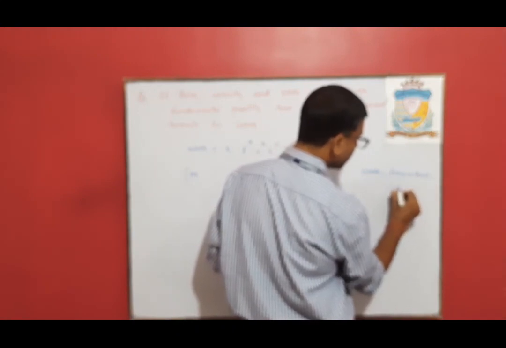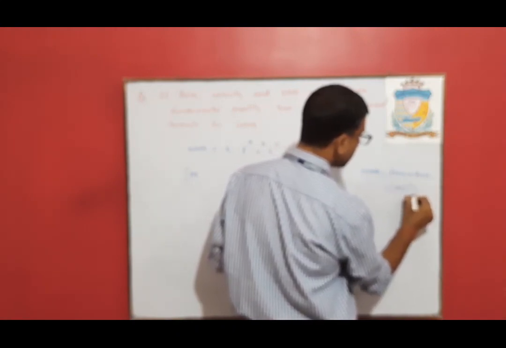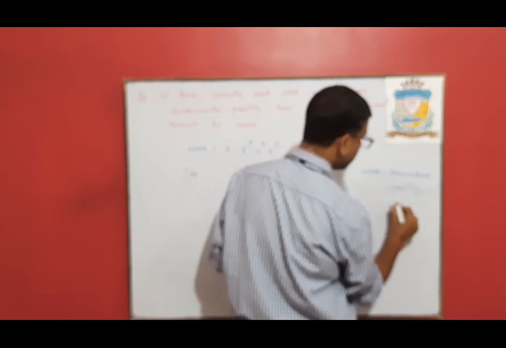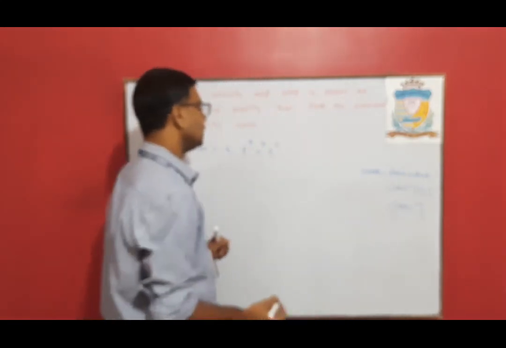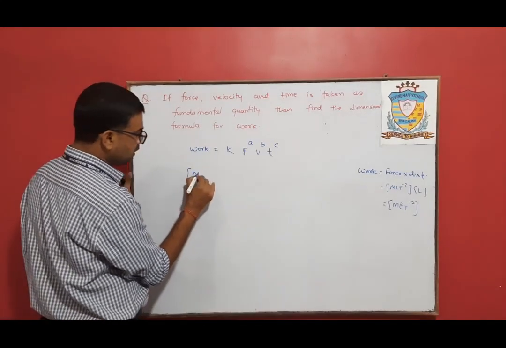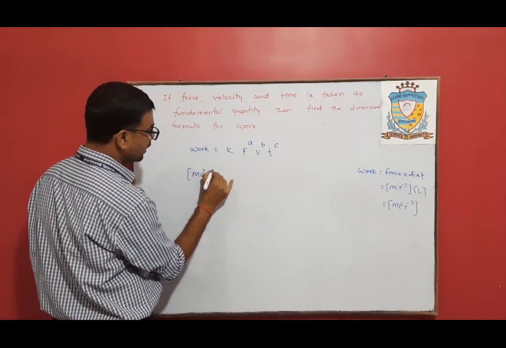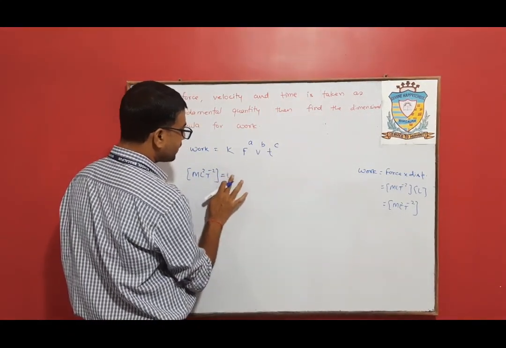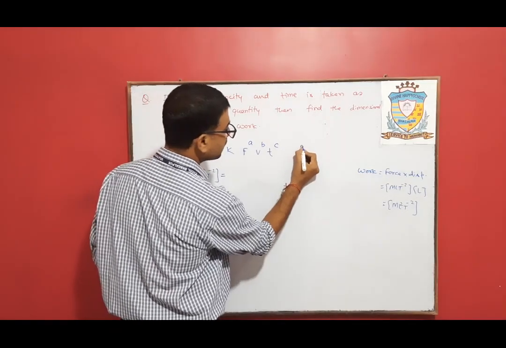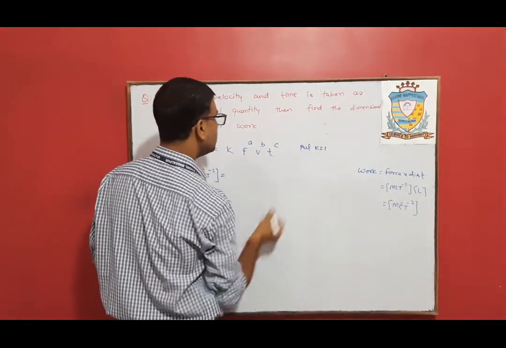So for force we have MLT minus 2 into, for displacement we have L, so this can be written as ML2 T minus 2. So ML2 T minus 2 is equal to K, or you can say put K equals to 1.